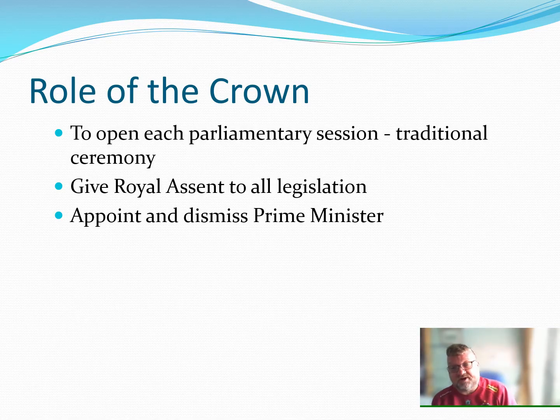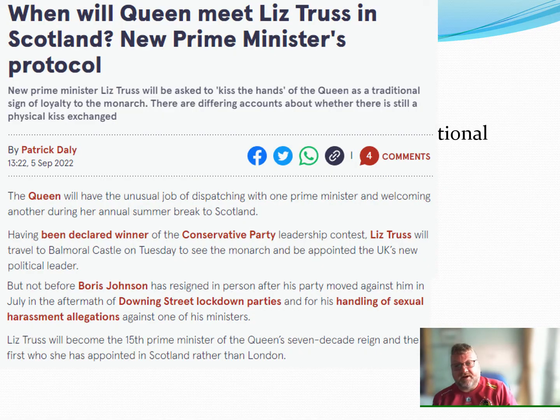Now, I mentioned that as I'm recording this, Boris Johnson has finally gone and Liz Truss has taken over. Actually in the news today, as I speak, Boris Johnson has taken a private jet up to Balmoral to meet the Queen, where he is going to resign as Prime Minister, and an hour afterwards, Liz Truss has taken another private jet up to Balmoral to meet the Queen, where she will be appointed the new Prime Minister.